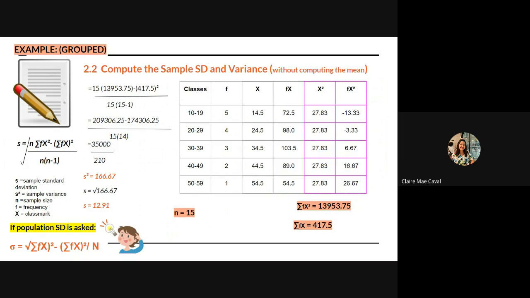Let's continue. Plus 24.5, because let's get the sum of this. 24.5 squared plus 34.5 squared plus 44.5 squared plus 54.5 squared.